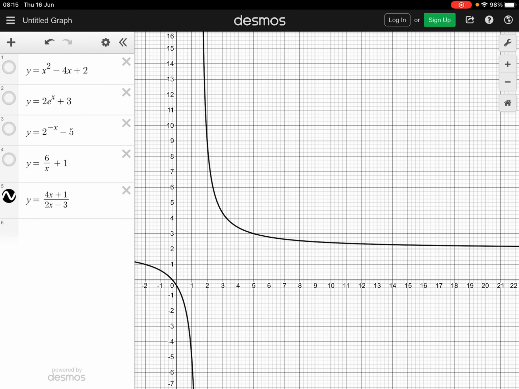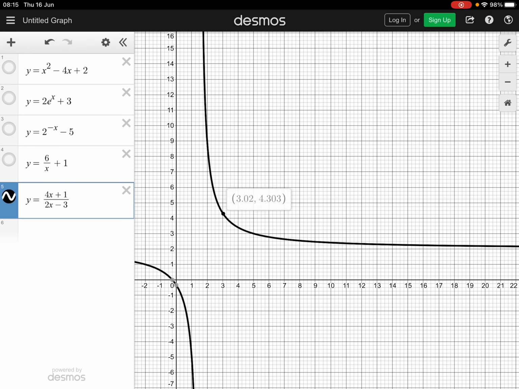So x is equal to 3 here, and that looks like 4 1/3 to me. Again, you can work that out by substituting 3 into your function, and it will tell you the y coordinate. So doing 4 times 3 plus 1 divided by 2 times 3 minus 3.